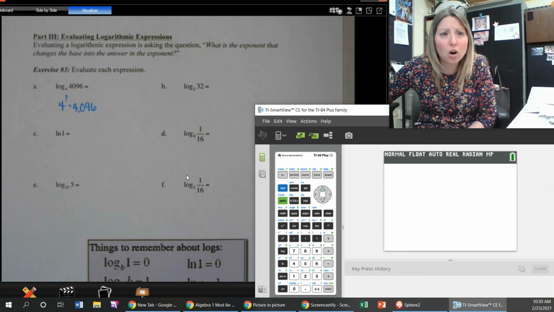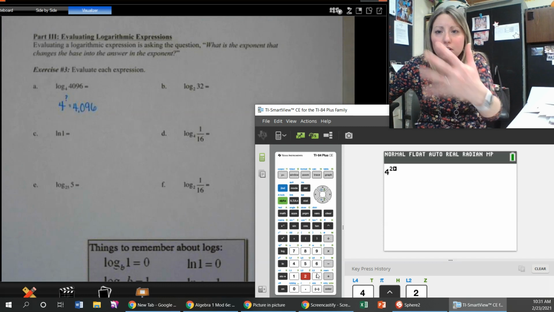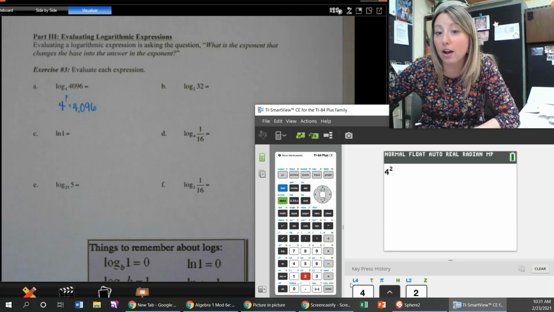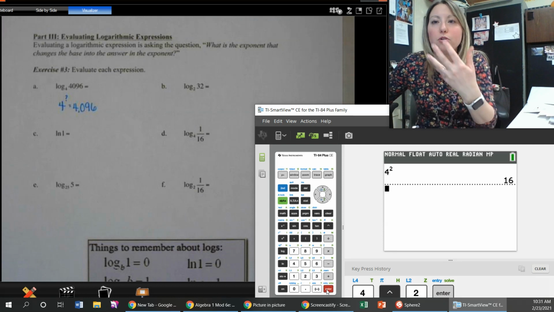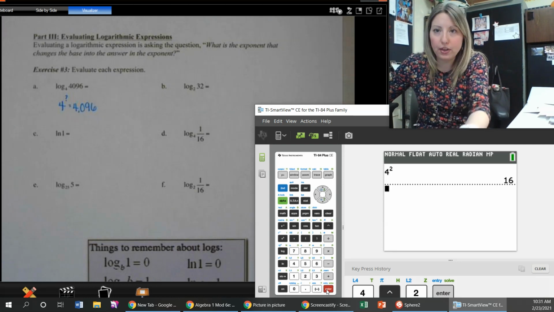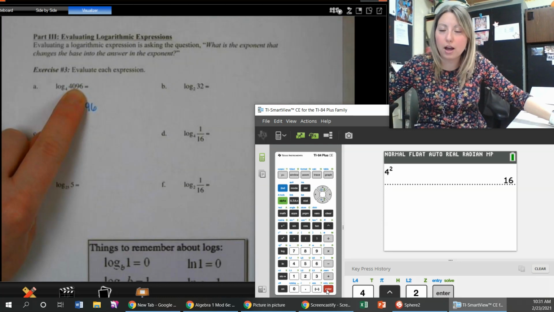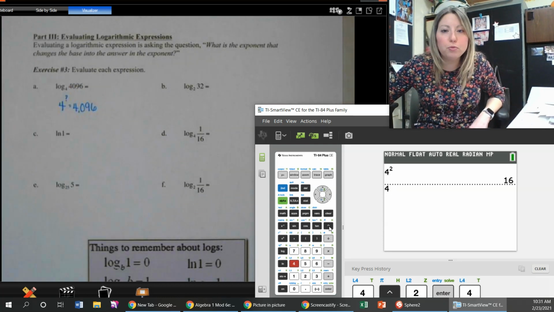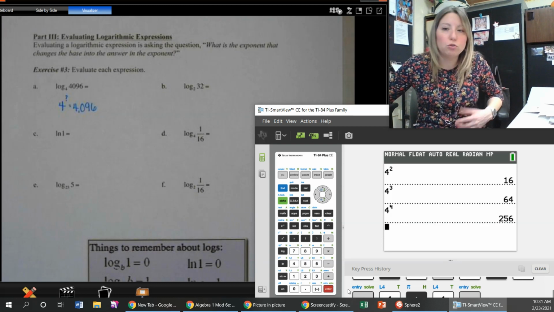Let's take 4 and raise it to the second power just to get ourselves going. I know that 4 squared is 16, but again, just getting you going into how you can think of it. That would be the number right here, and the number I want is 4,096. So 4 cubed, of course, is 64. Then what's 4 to the 4th? 256.